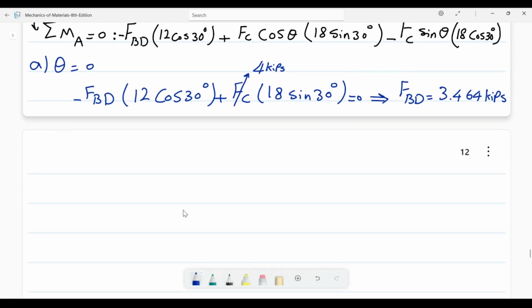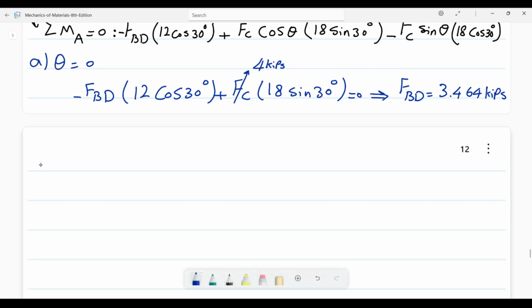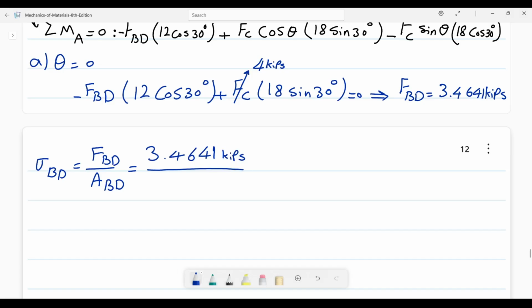and for sigma BD we have FBD divided by ABD, it's equal to 3.4641 kips divided by the area.